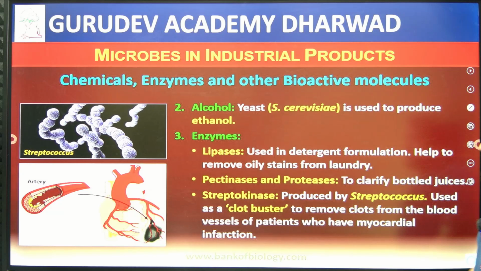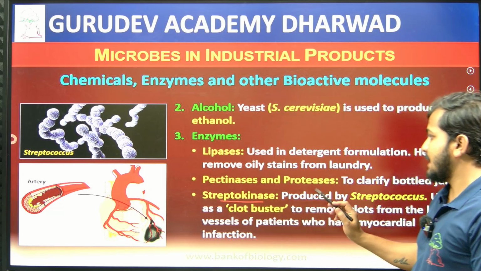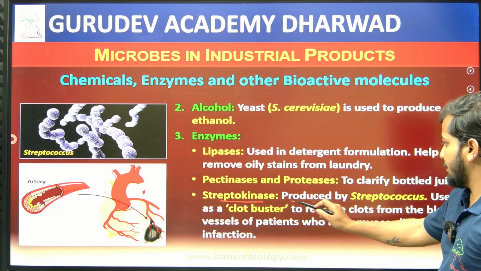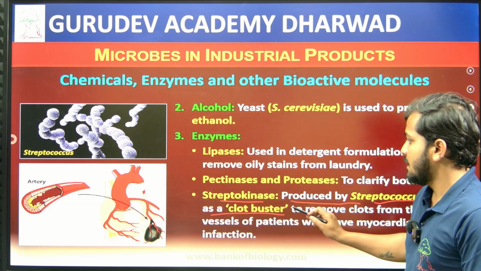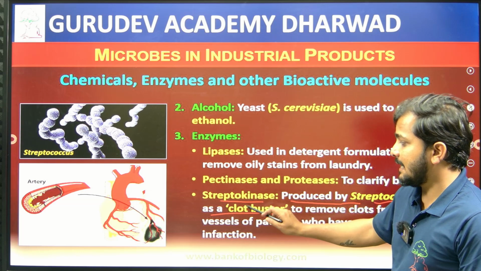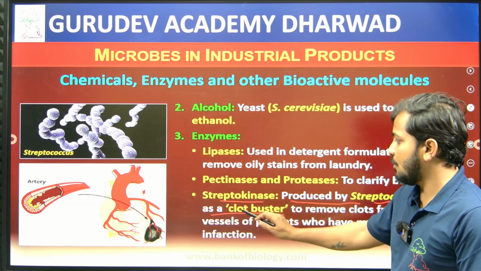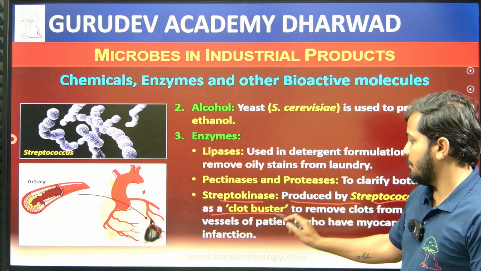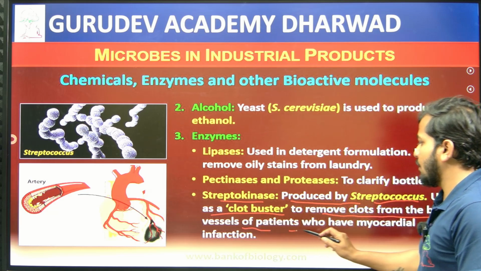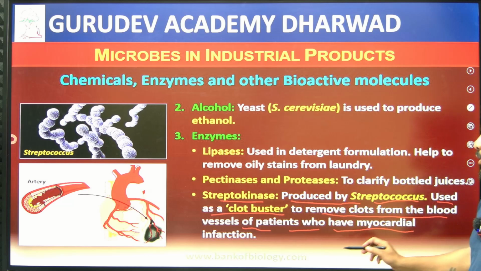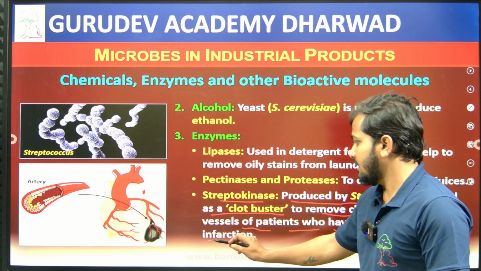Then consider streptokinase, which is produced by Streptococcus bacteria and used as a clot buster. Streptokinase is an enzyme that acts like a clot buster, removing clots from the blood vessels of a patient who has myocardial infarction.